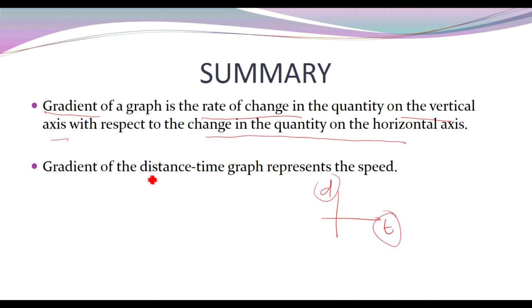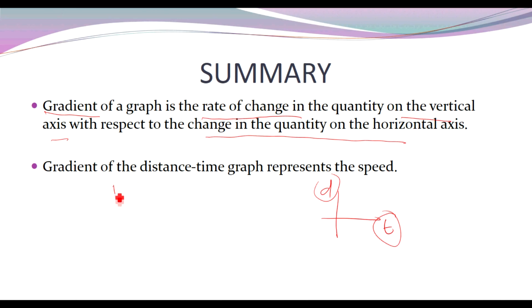The gradient of a distance-time graph represents the speed. That's what I actually explained to you. Remember, the gradient of the distance-time graph is the speed of the journey represented by the graph.